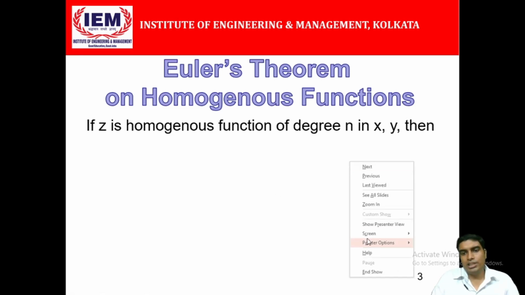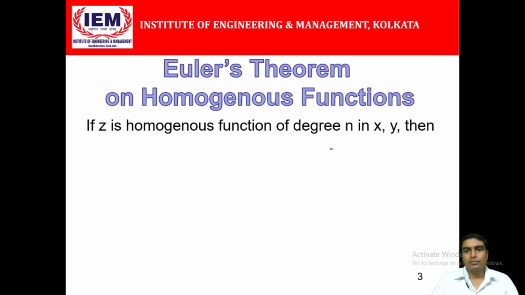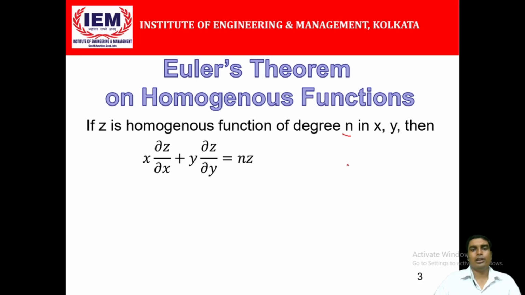So, z is a homogeneous function and you know how to calculate the homogeneity of the function of degree n with x and y. x, y are the two independent variables. Then the following equality holds: x del z del x plus y del z del y equals nz, where n is the degree of the homogeneous function.